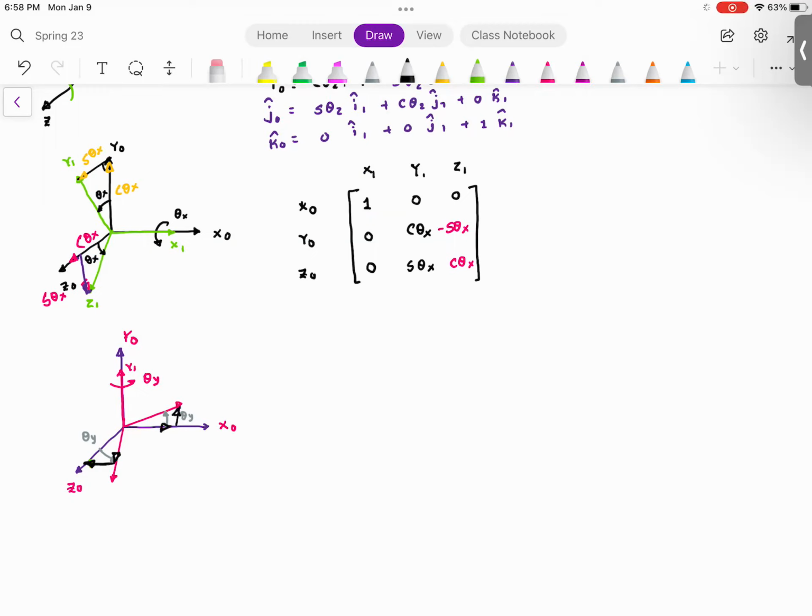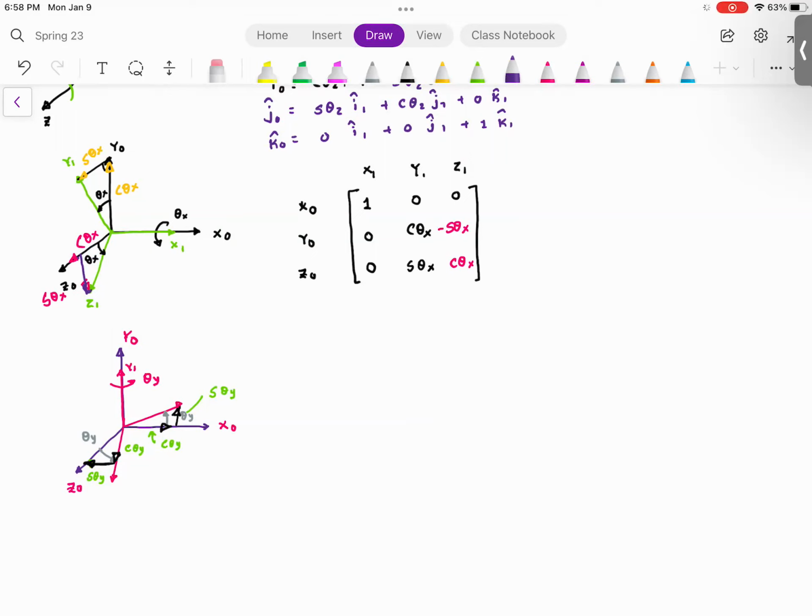So what I will do is write down cosine theta y, sine theta y, then cosine theta y and sine theta y.